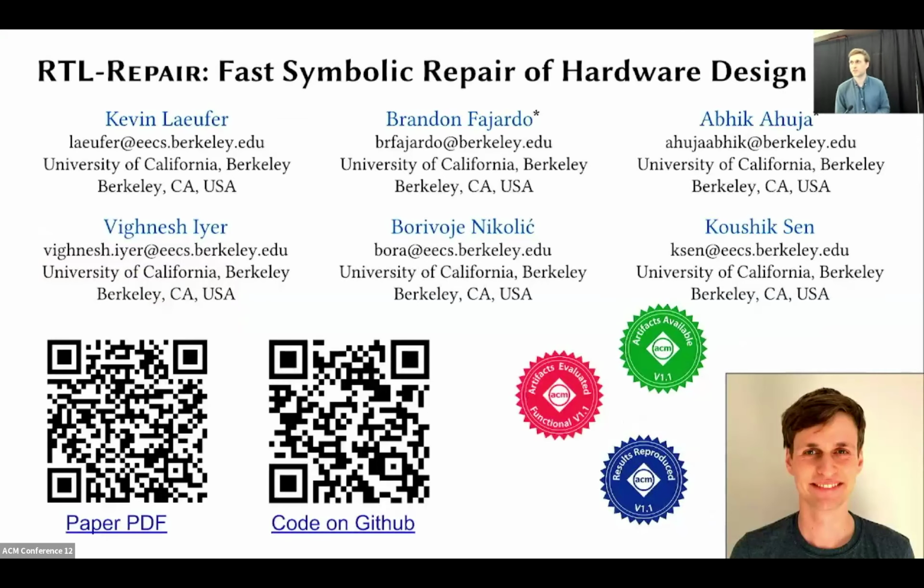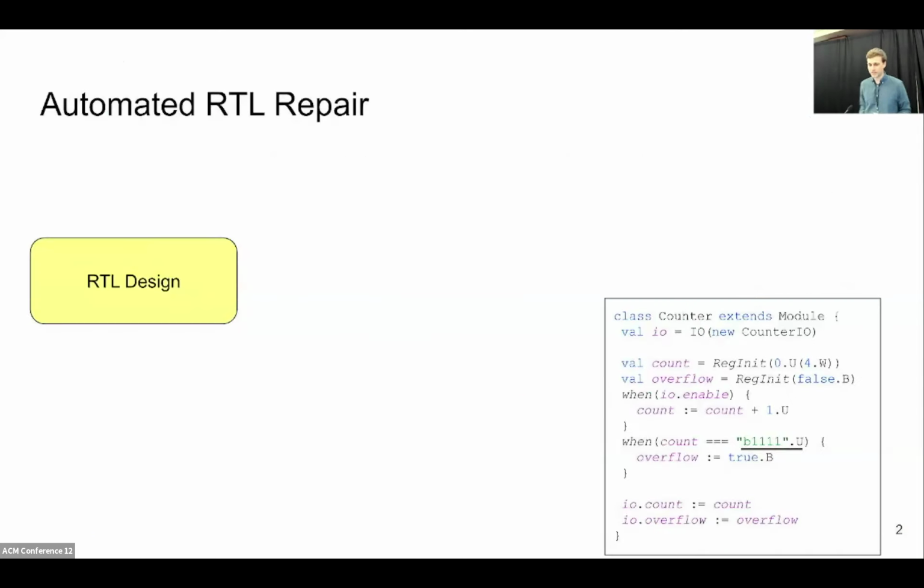Yeah, thank you so much for the introduction, and thank you all for being here. So the scenario that we're thinking about here is that you have some sort of RTL design, like this tiny counter in the bottom right, and there's some bug in it. Of course, in reality, we don't know what the bug is, but here we just introduced it, so we do know. It's that we set the overflow flag at 7 instead of 15.